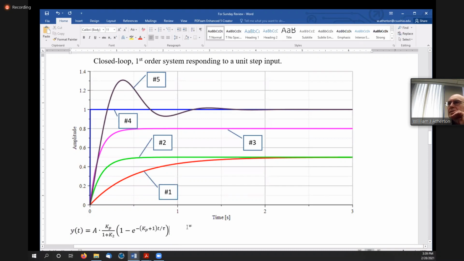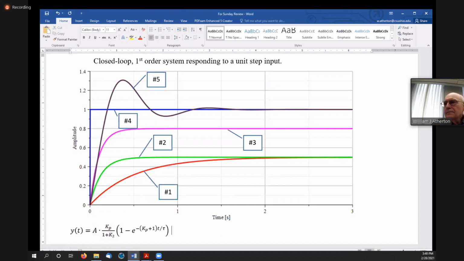So all you have to do is recognize that time is pretty big. This term is negligible out here. So this is the amplitude of the response at steady state. So A is 1 because that's your input. All right, so what's KP?